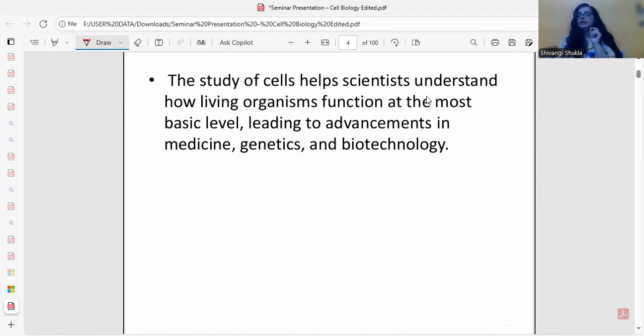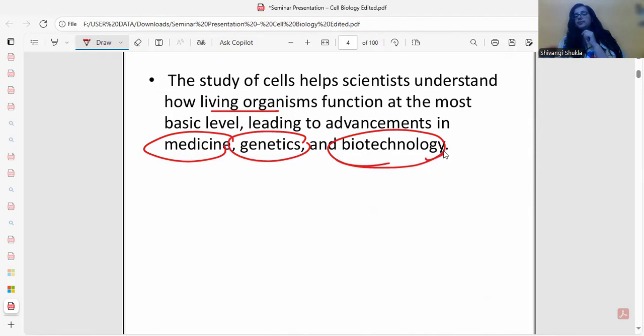The study of cells helps scientists understand how living organisms function at the most basic level, and that would eventually lead to advancements in medicine, genetics, and biotechnology. There are multiple branches working at a cellular level, where we see a disease not just in terms of the macroscopic view, but also how it is behaving at the microscopic level.